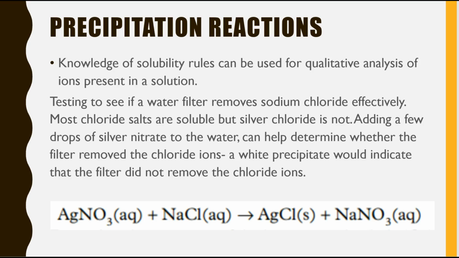If no precipitate forms, then those ions aren't present, and we can use that sample to move on and carry out another test. If a precipitate does form, then you can filter out that precipitate, and we can carry on further tests using the filtrate if necessary.